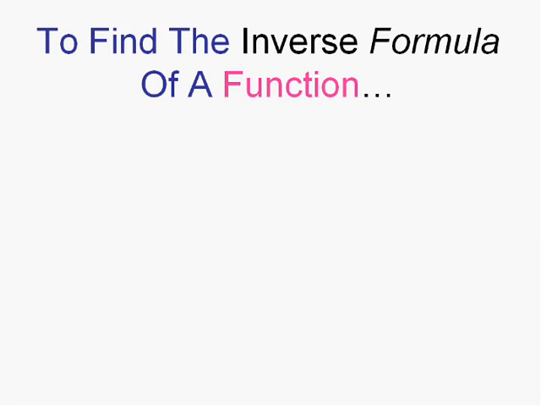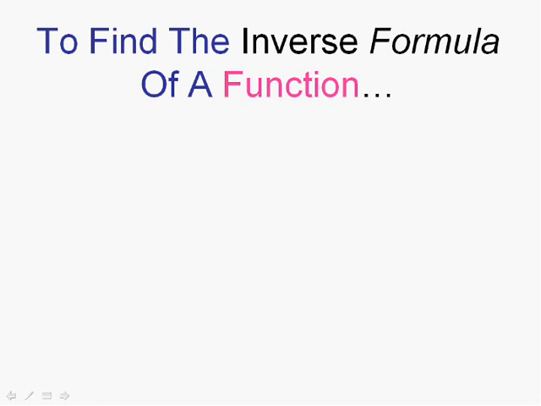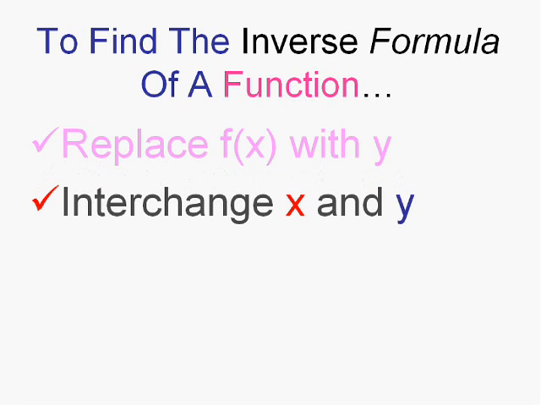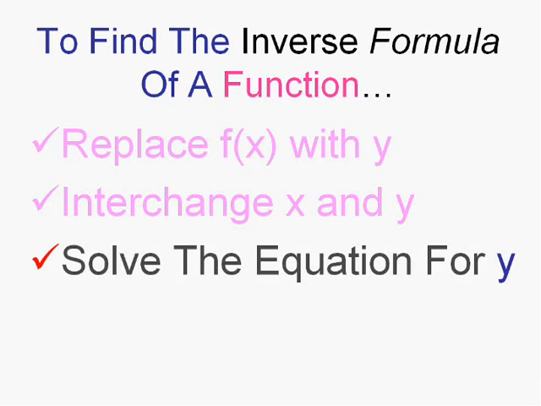Here is how we find the inverse formula of a function. There are 4 steps. A lot of this is just notation changes. The first step is to replace the f of x with what it really is, the y. Then we're going to interchange the x and the y in the equation, flip them, and then here's something you should be good at.